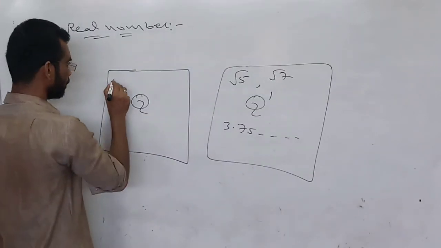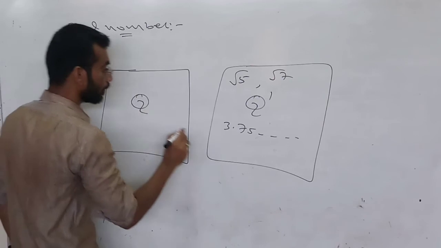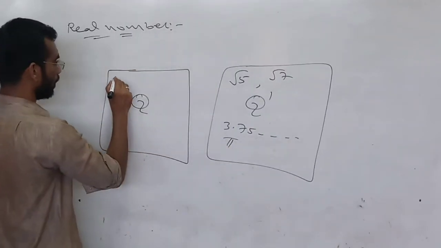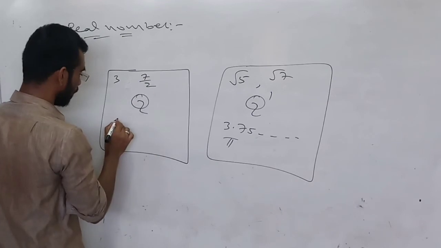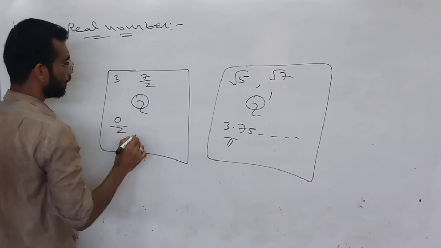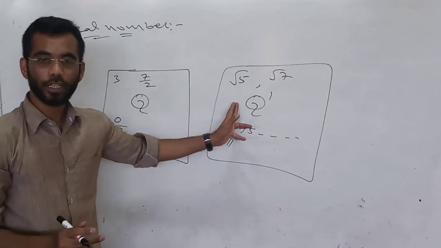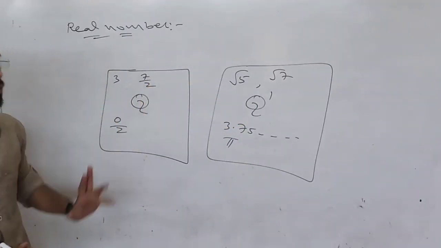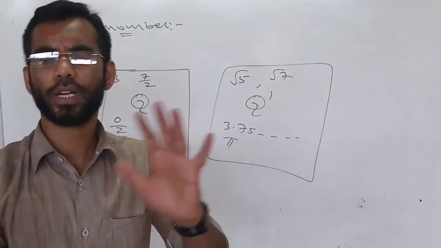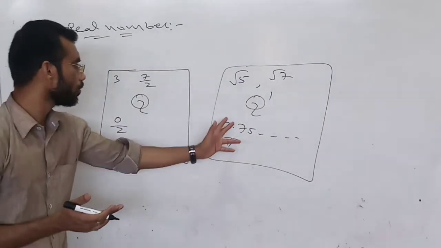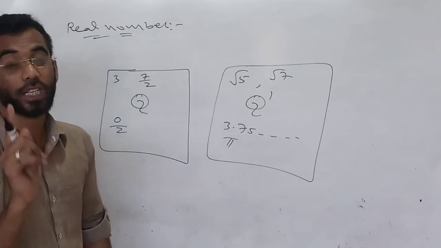Again pi, and 3, 7 by 2, 0 by 2. These numbers will not enter into the other set. That means an irrational number cannot become a rational number and a rational number cannot become an irrational number. These two are separate.